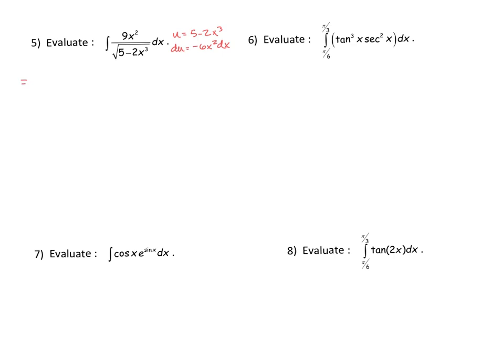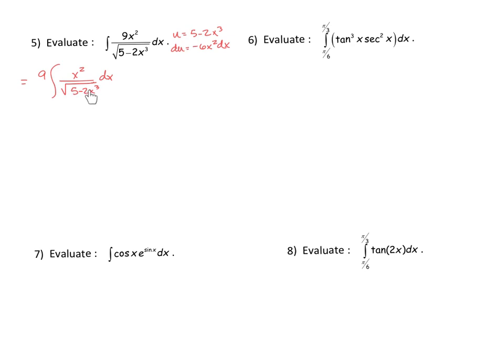Let's come over here now, and we can take the 9 out front, so it's no longer relevant as far as our integrand. And we have x squared on top, and we have the square root of 5 minus 2x cubed on the bottom, and then times dx, of course. Now, the square root of u is on the bottom, because u is 5 minus 2x cubed.